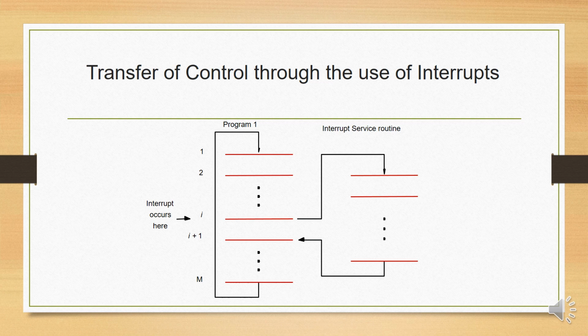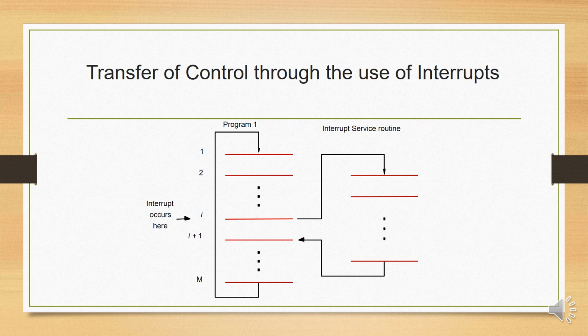An interrupt request always arrives during execution. Suppose here the interrupt request arrives during the execution of instruction I. Then the processor first completes the execution of instruction I. Then it loads the program counter with the address of the first instruction.